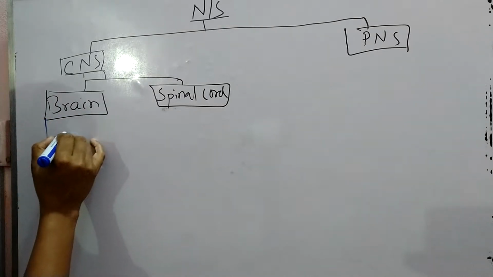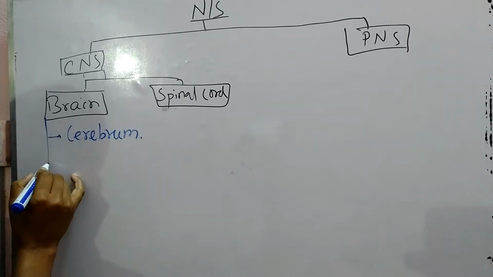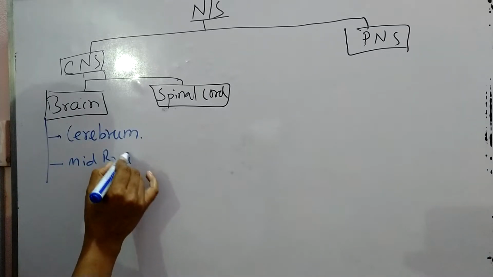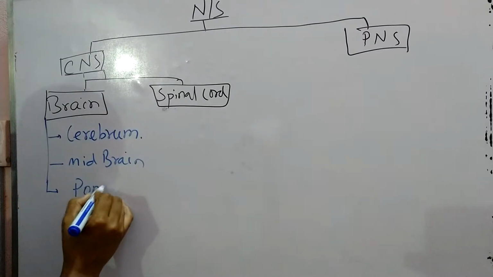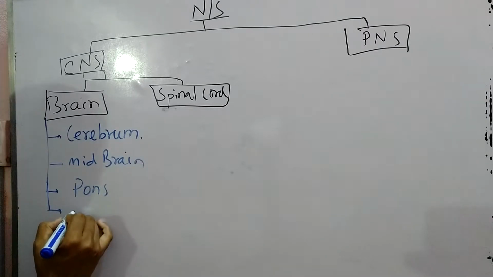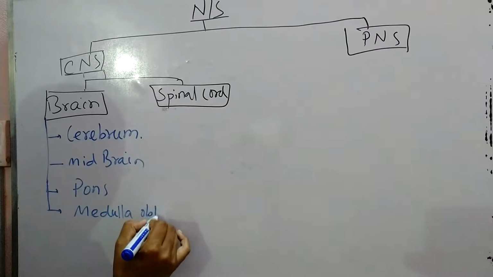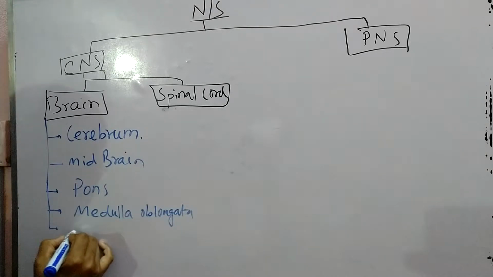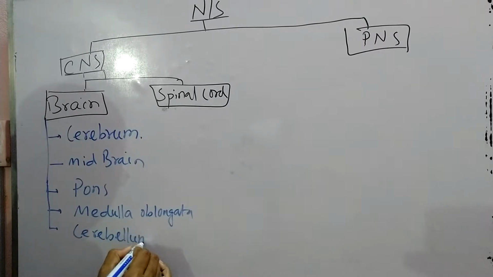Number one, cerebrum, then midbrain, then pons, then medulla oblongata, and finally cerebellum.